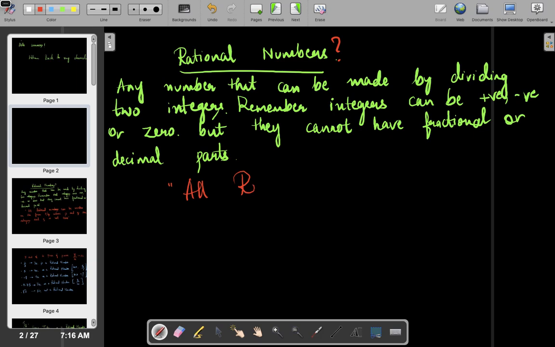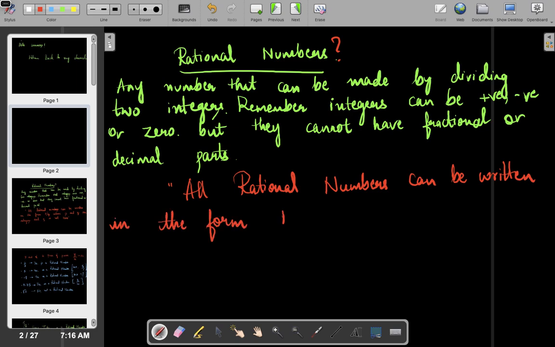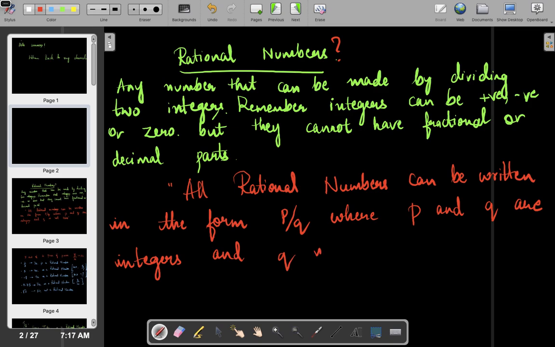Basically, all rational numbers can be written in the form P over Q, where P and Q are integers and Q is not zero.